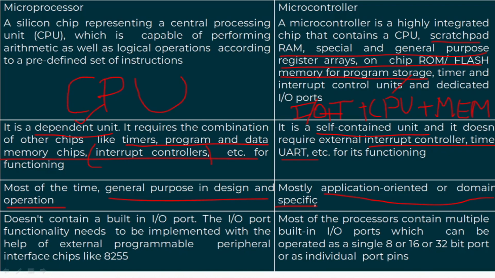Now because microprocessors don't have inbuilt I/O ports, they will need external chips like the 8255 in order to connect to other I/O ports. But in this particular case, it already has built-in I/O ports. Those ports can in turn be used to work as 8, 16 or 32-bit ports, as per requirement.